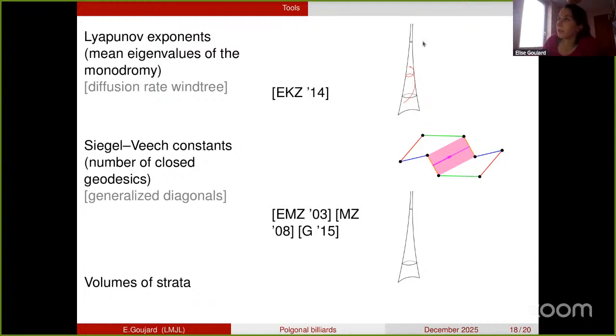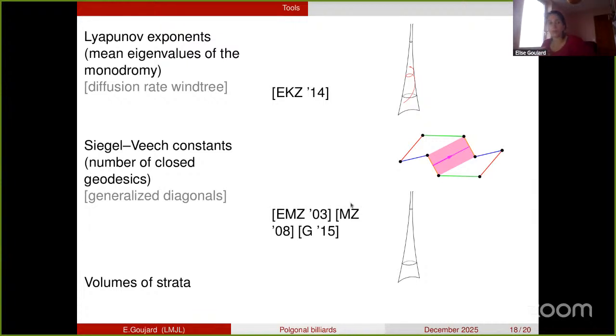And all these three families of invariants are related somehow. The sum of Lyapunov exponents is related to Siegel-Veech constants by the formula of Eskin, Kontsevich, Zorich. And there is also a relation between Siegel-Veech constants and volumes of strata by Eskin, Masur, Zorich.